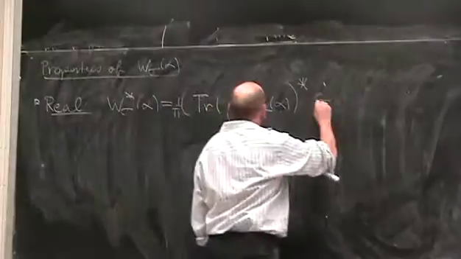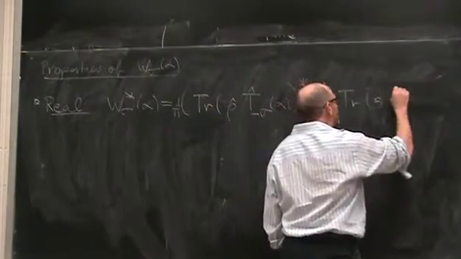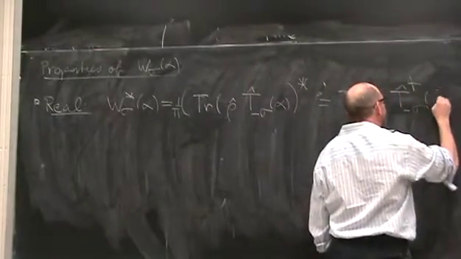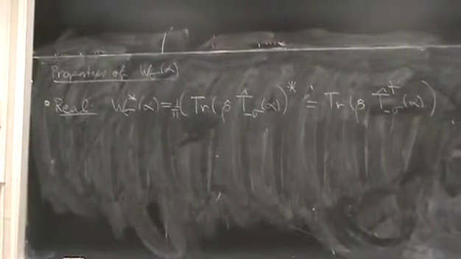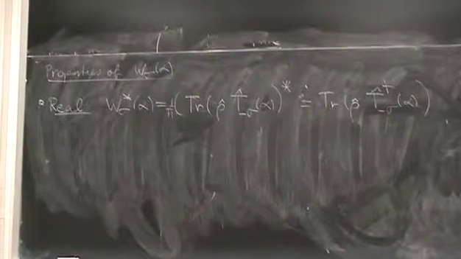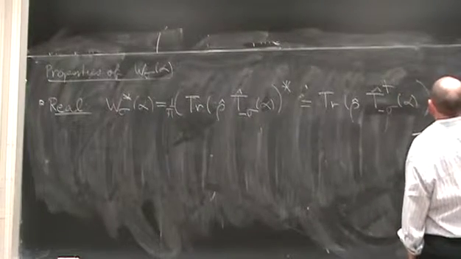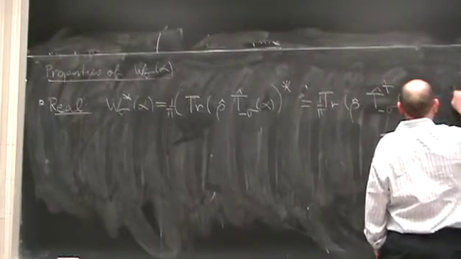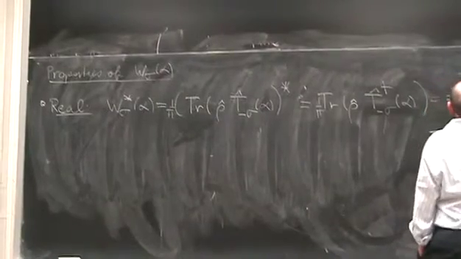And this is then equal to the trace of rho with T dagger of minus sigma. But T dagger is equal to T, the Hermitian, that was a delta function. So this is equal to, there's a pi in there, the trace of rho, like that.